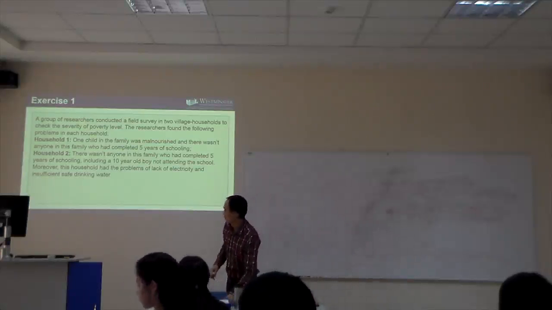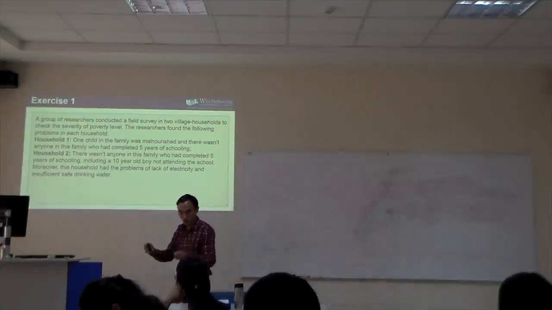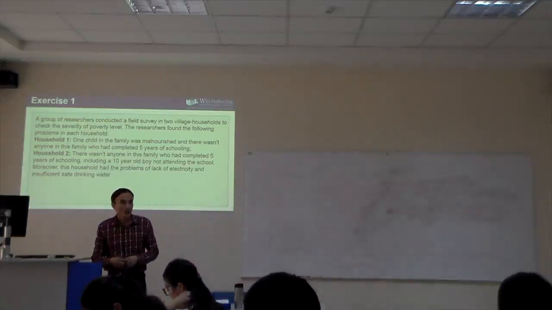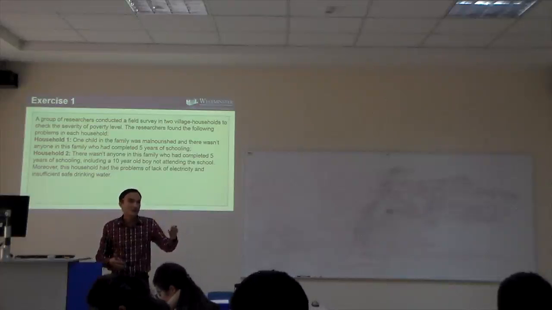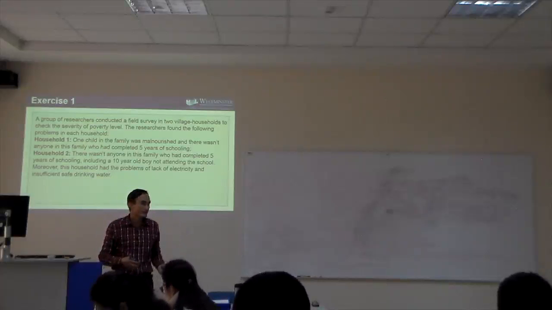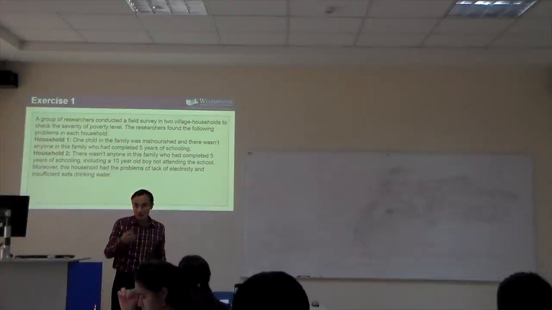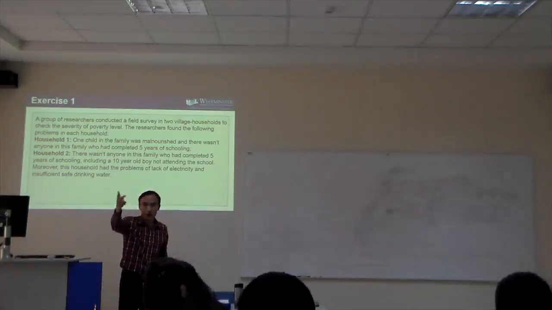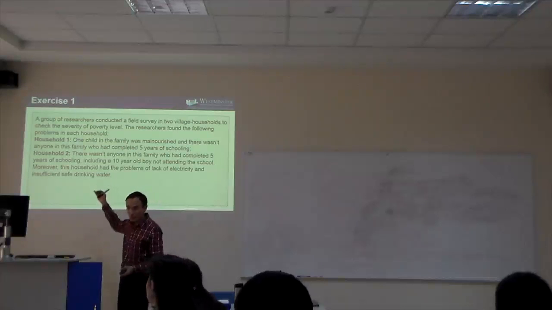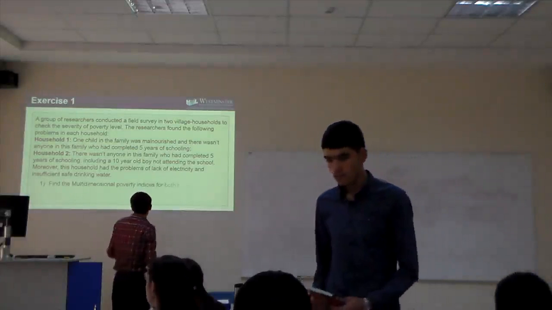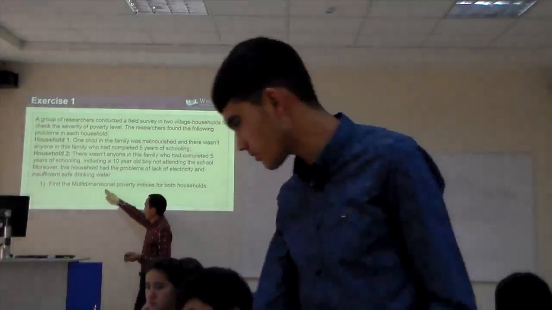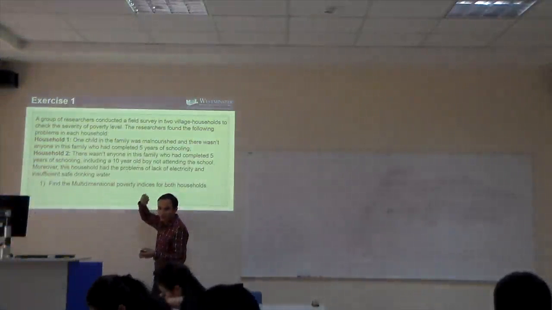Okay, good. So now, a group of researchers visited one village and did a field survey. They picked two households, household 1 and household 2. And now we have to calculate and find the multidimensional poverty index for both households, okay?